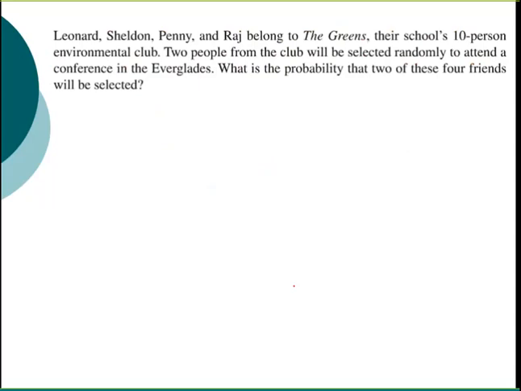Okay? So you've got Leonard, Sheldon, Penny, and Raj belonging to the Greens, their school's 10-person environmental club. 2 people from the club will be selected randomly to attend a conference in the Everglades. What is the probability that 2 of these 4 friends will be selected? Well, what we want to do is take the 4 friends, and we're wanting to group 2 of them.